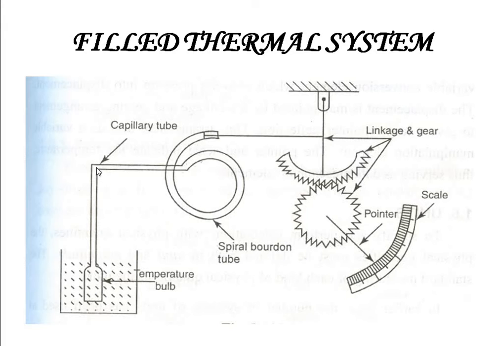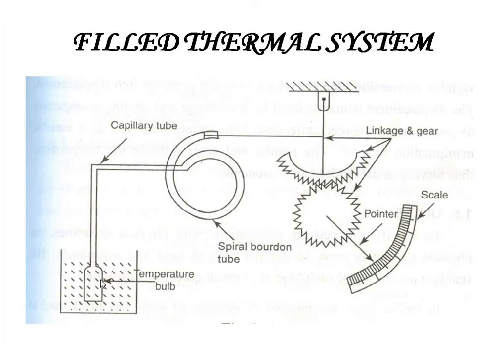The next part is the capillary tube, which is being followed by the spiral bourdon tube, and then we have the linkage and gear mechanism, and finally a pointer and a scale, which is nothing but the presentation. So once again, temperature is our input.